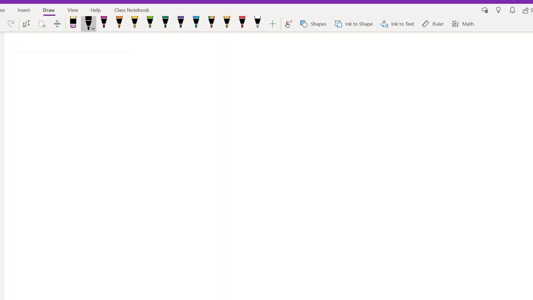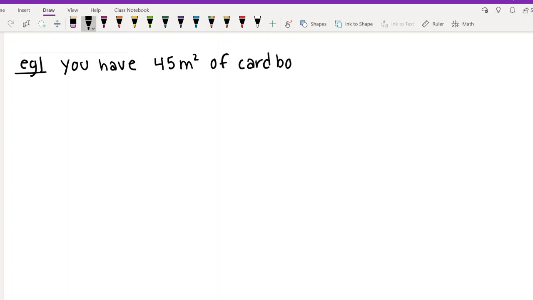So this example has to do with constructing a box. So suppose you have 45 square meters of cardboard to build a box. What is this box going to be like?